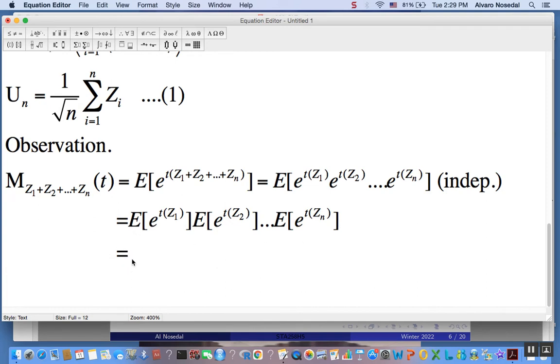So what we have here is the MGF of a generic Z, a Zi, any of them, evaluated at t. But then you have that n times, so you have that MGF to the n power. Make sense?